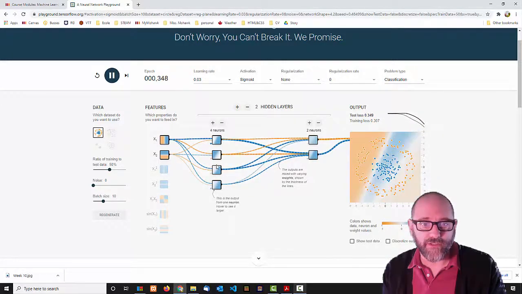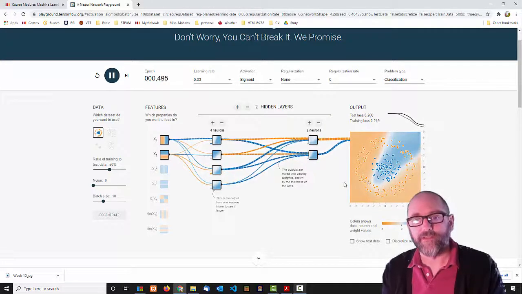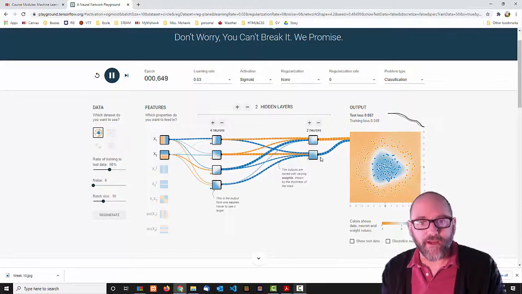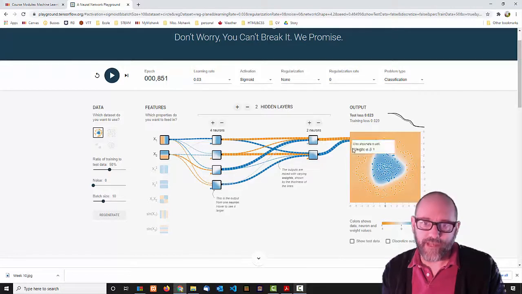Even though the units are only outputting between 0 and 1, they can send a negative signal in. Oh, look at that. I love watching these things go. And this, I think, is just a linear unit. I think the output unit is just linear. That's what's going on there. Meaning whatever the activation is here is just passed through as the output.